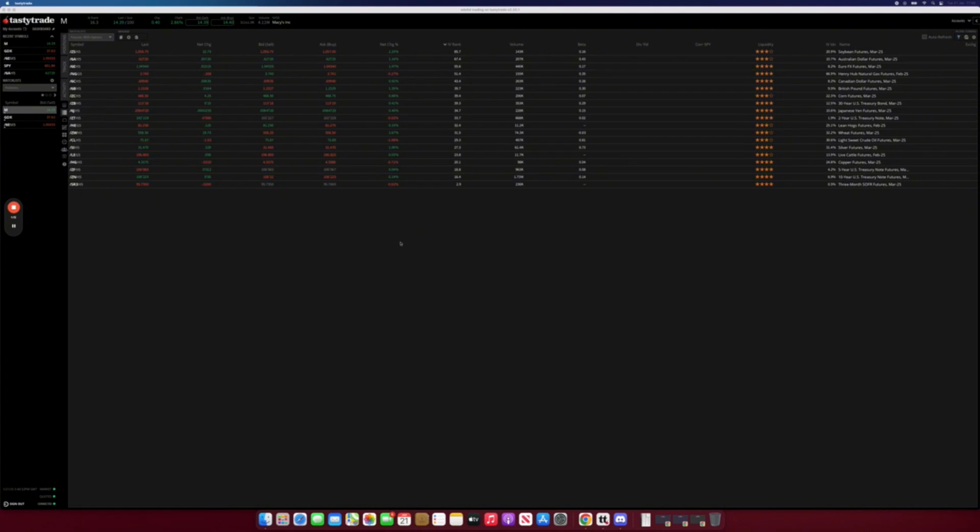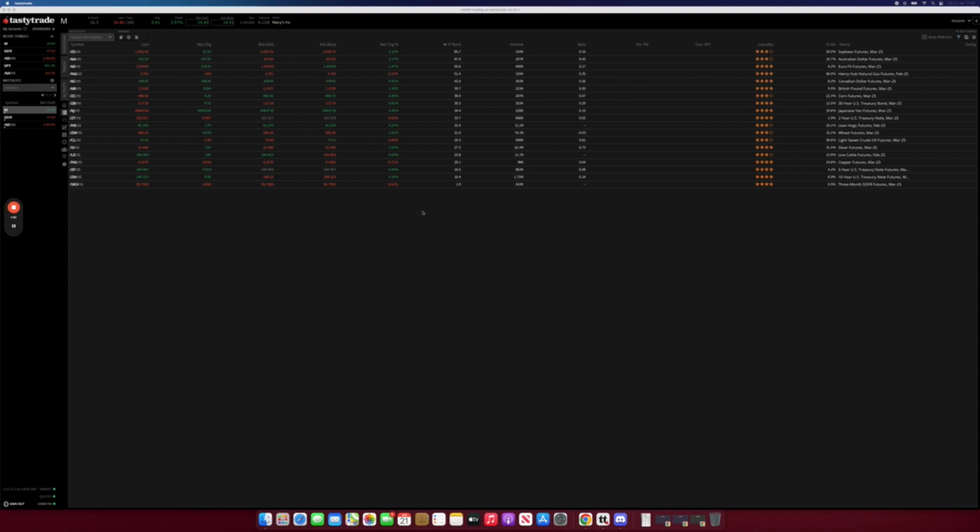And the reason why we use futures is because futures margin requirements are calculated using SPAN margin, which means it allows us to be very capital efficient, and again, that's also very good for smaller accounts. And if you have a larger account, it just means you're going to be able to get a higher return on your money.